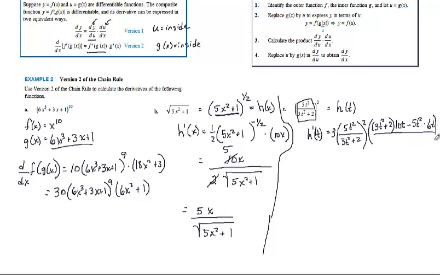Stunning. All over 3t squared plus 2 quantity squared. Oh, that's just lovely. So try to clean this up a little bit. 5t squared over, you're going to stay like you are for a while, little bud.